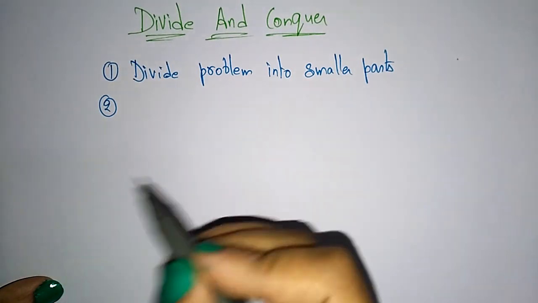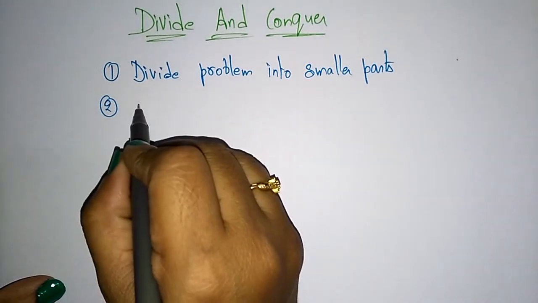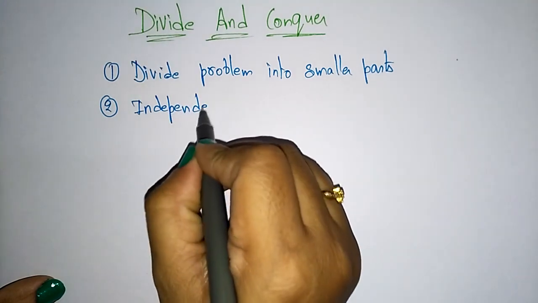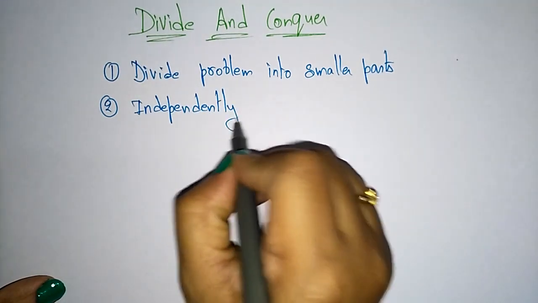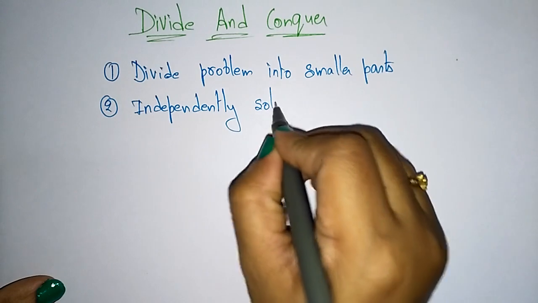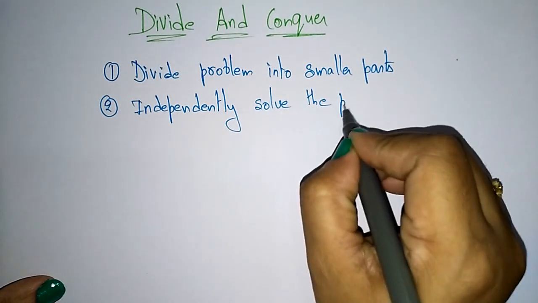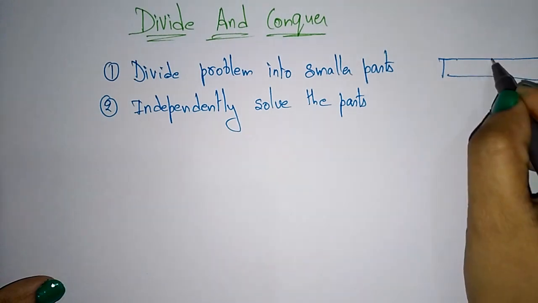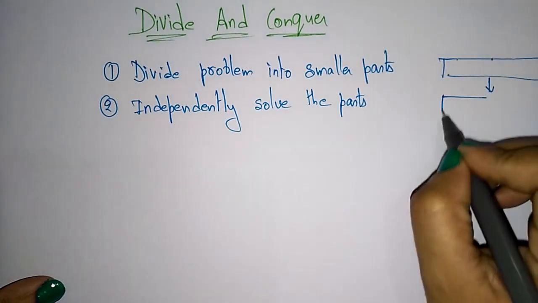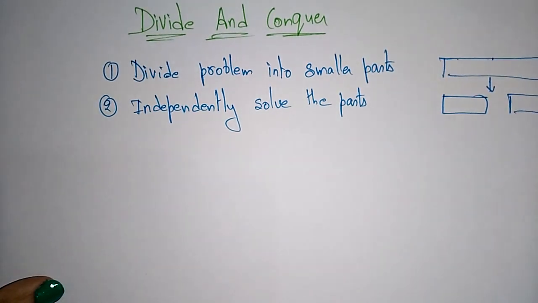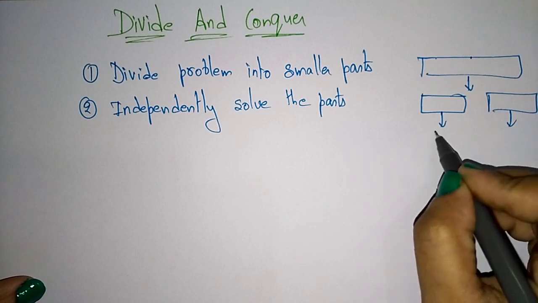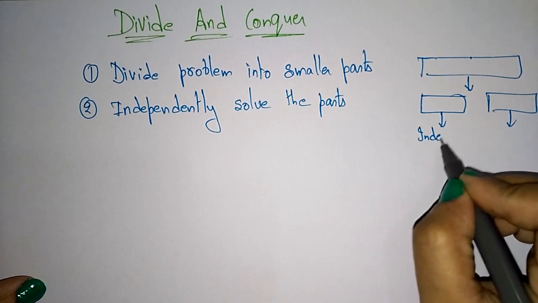Second, solve those parts independently. Whatever array you have taken should be divided into two or more parts, meaning divide the problem into smaller parts. Again, you have to solve them independently.